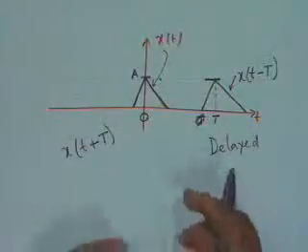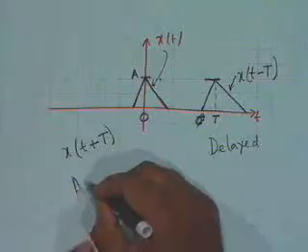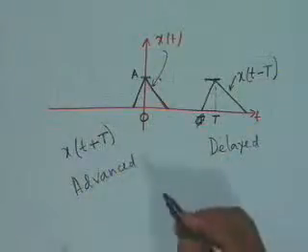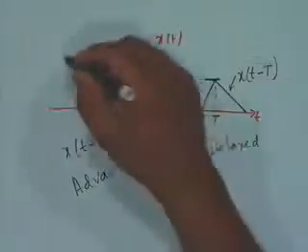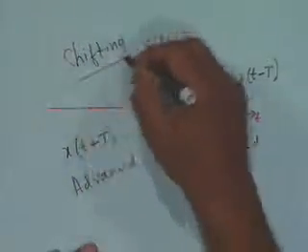On the other hand, if the signal is made to appear before the original signal, naturally this is an advanced signal, and therefore the general phenomenon of transformation is shifting or shift.